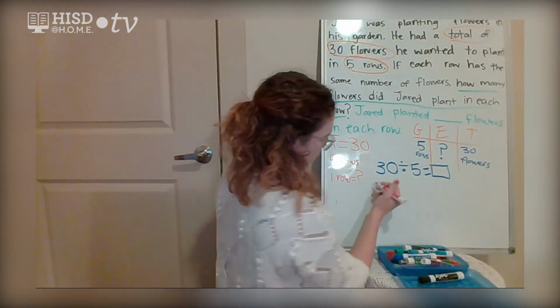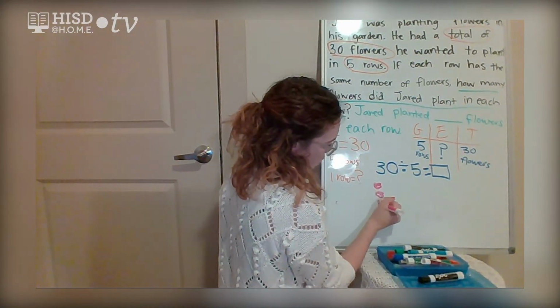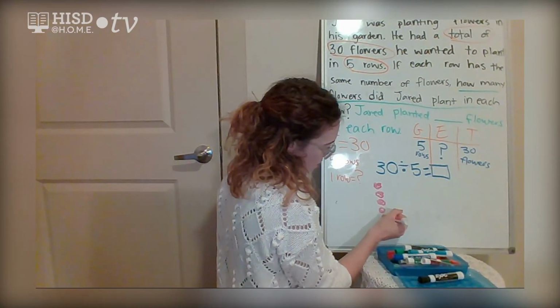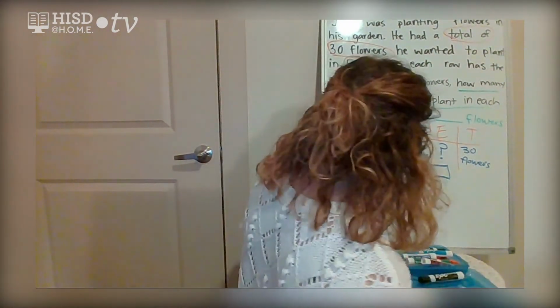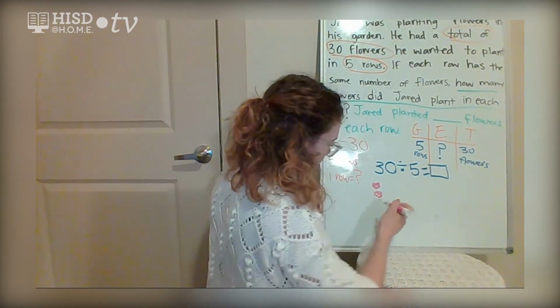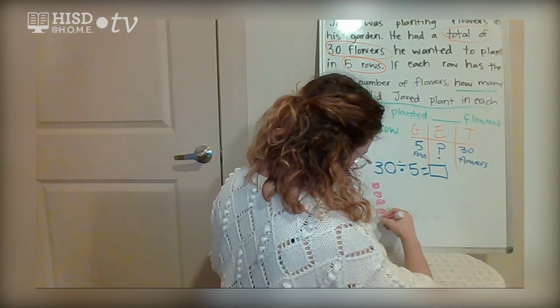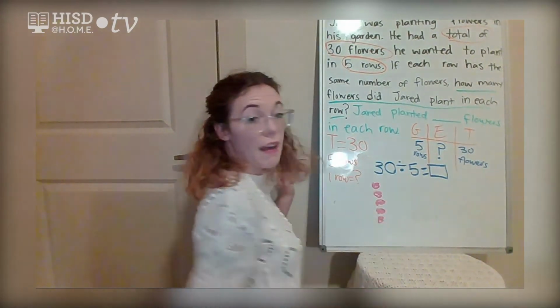So I have 5 rows of flowers. There's 1 flower, 2 flowers, 3 flowers, 4 flowers, 5 flowers, right? My flowers aren't perfect, okay? But I can make them a little better.